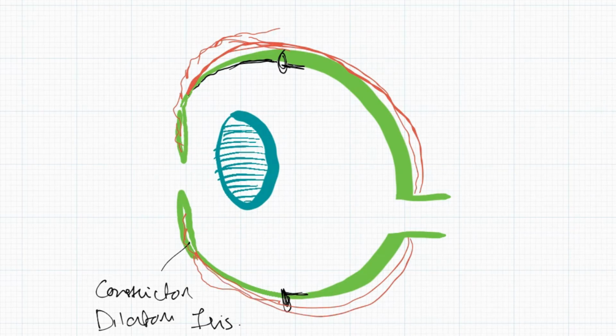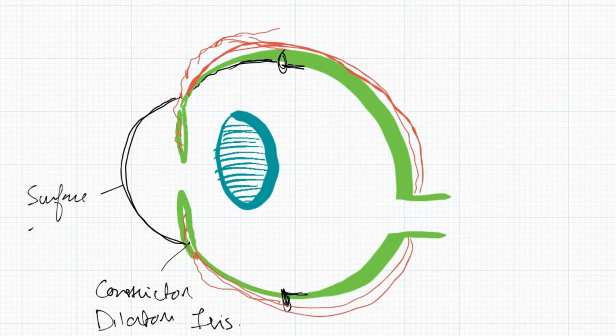The anterior surface, the epithelium of the cornea, is formed from the surface ectoderm. And the stroma and the Bowman's are built from the mesenchyme.